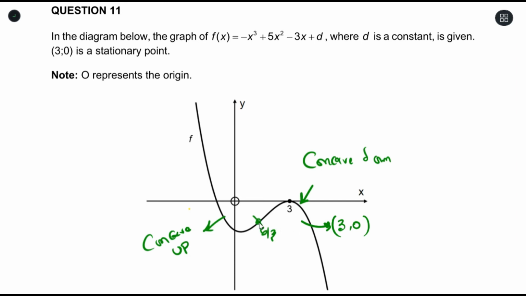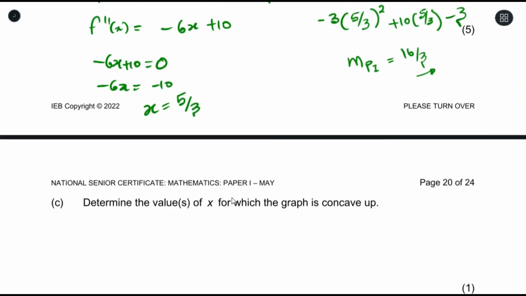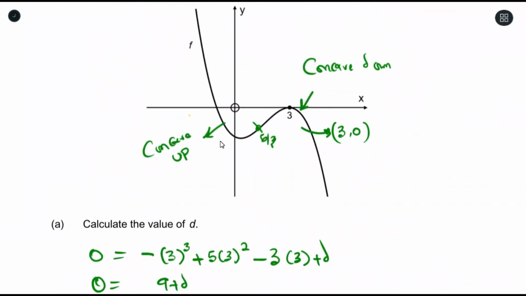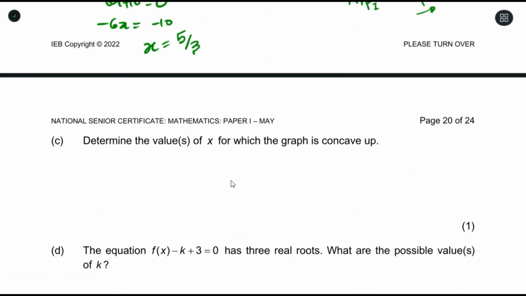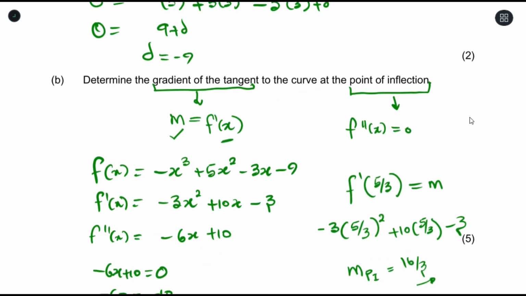So if this is my point of inflection and the question is asking us for concave up, because the concave up part of our graph comes before the point of inflection, I'll just say my answer is x is less than 5 over 3. And if they ask us for concave down, for this particular graph, I'll just say x is greater than 5 over 3. That's it, right? That's how I look at questions like this.